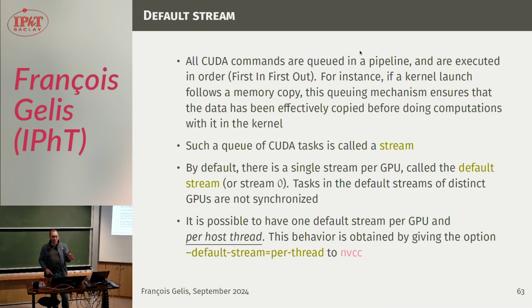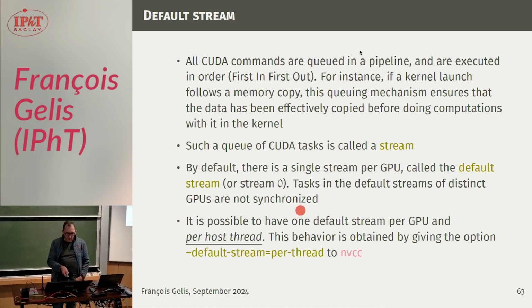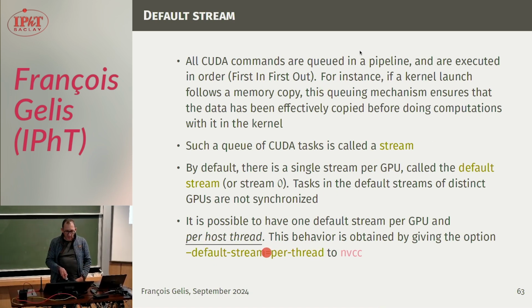So thread number 1 has its own queue of events, and thread number 2 has its separate queue of events. The option to do that is you just put this compiler flag, which is minus default stream equal per thread. And when it compiles, it will create one stream or one queue, one pipeline, for each thread.